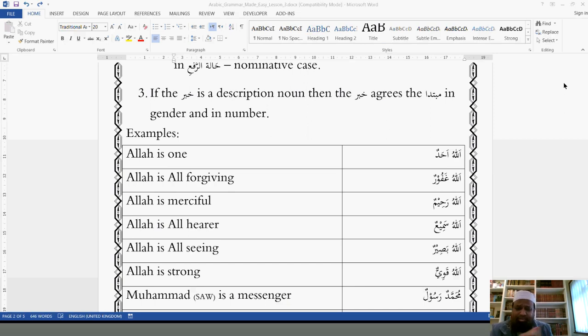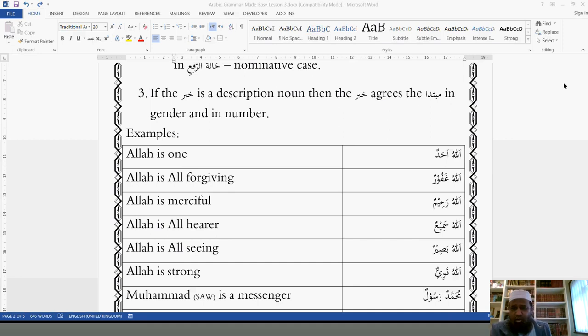In Arabic, it is a complete sentence, right? In English, we have to put is in between to make the sentence meaningful. There is no other word in Arabic for is. The structure of mubtada khabar gives us the is meaning.